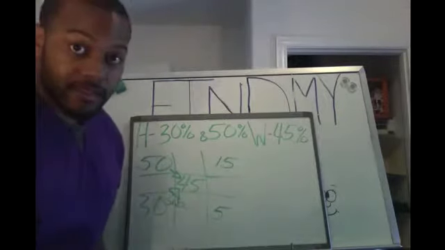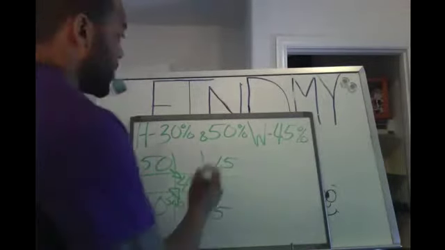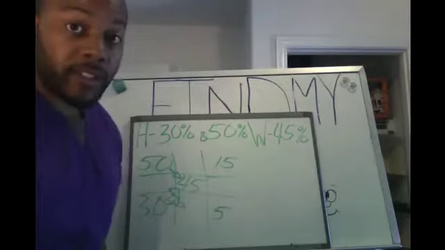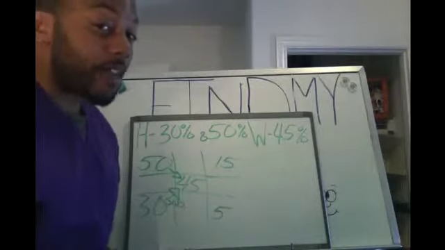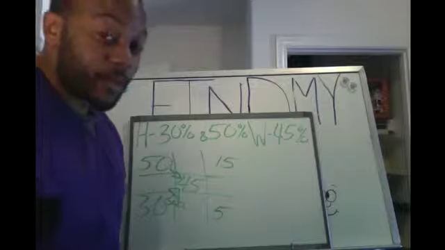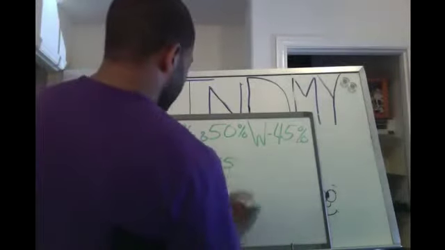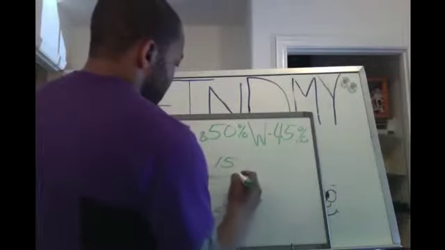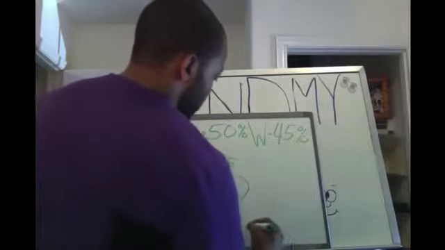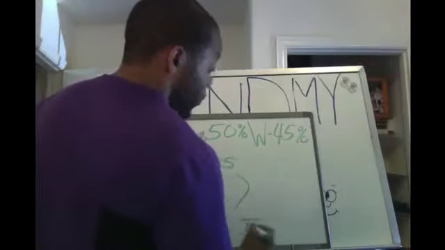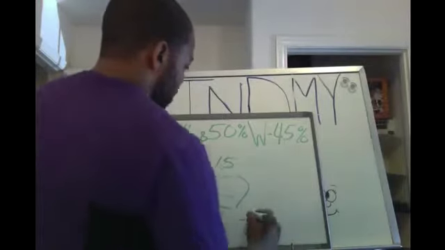So it makes sense if you think about it. 45 is not that far away from 50. So we should have a lot more of the 50% than we do of the 30%. So 15 up there. You then add these together so that you know the total number of parts that you have.